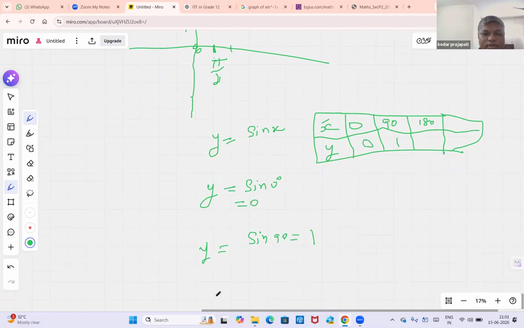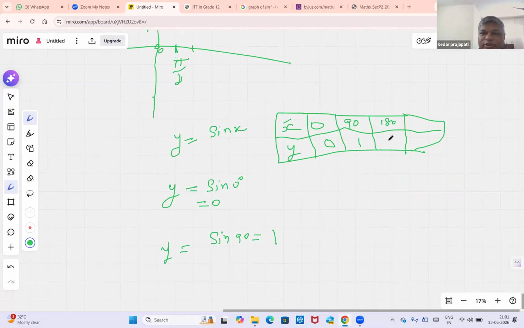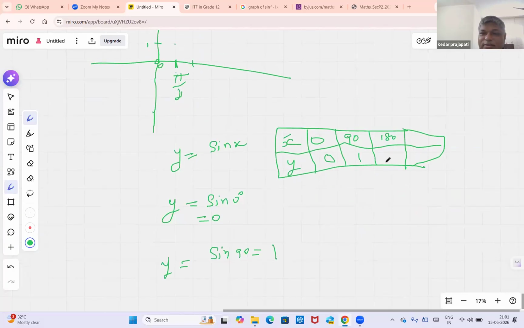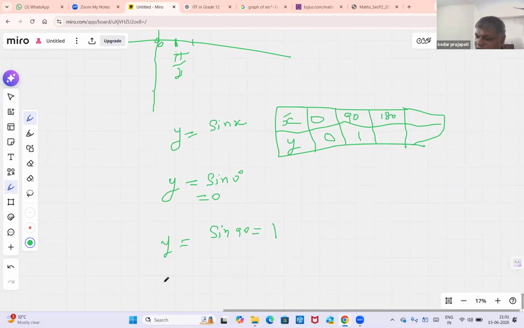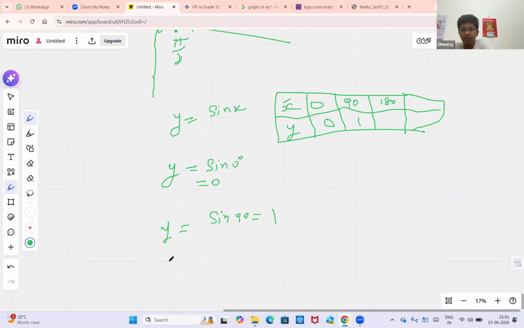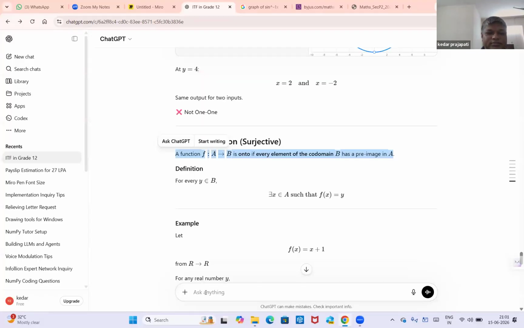When the value is 180, sine 180 is how much? It is 0.